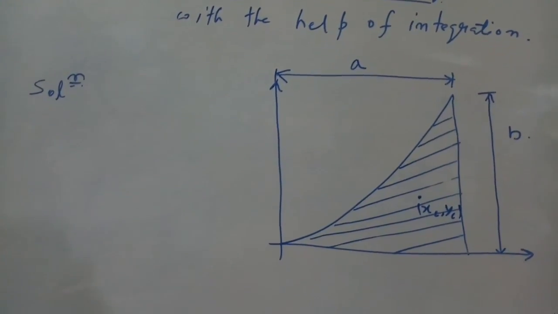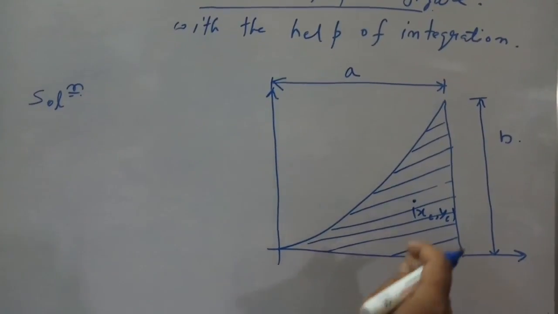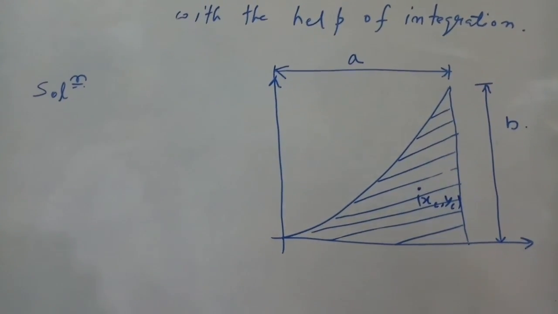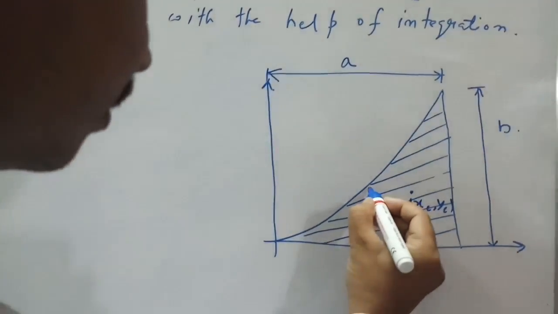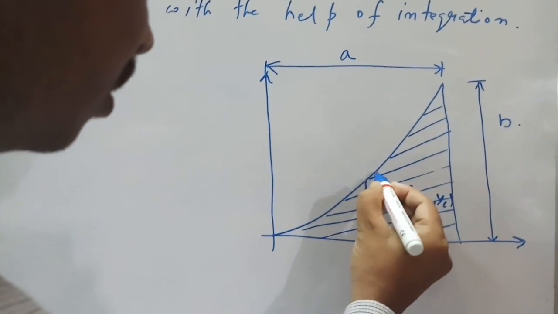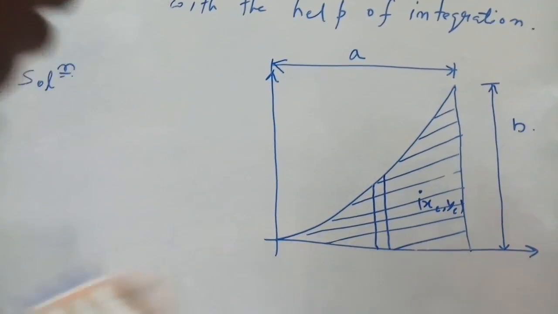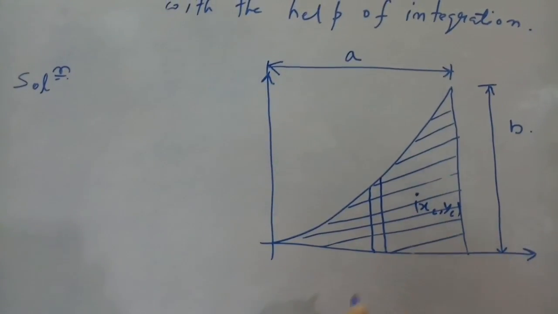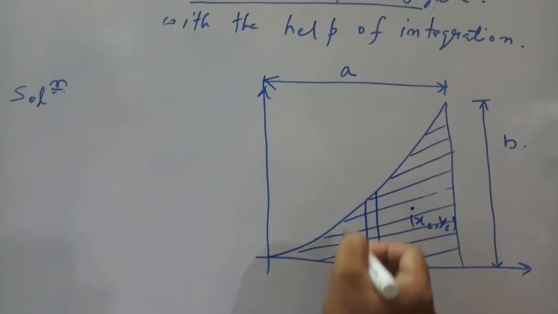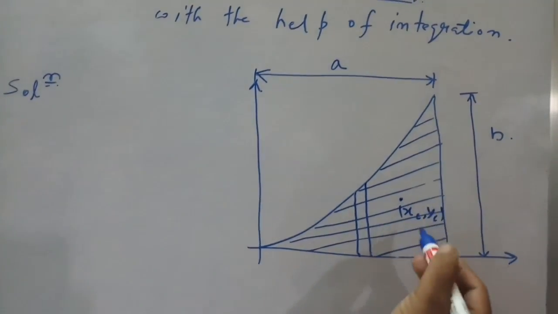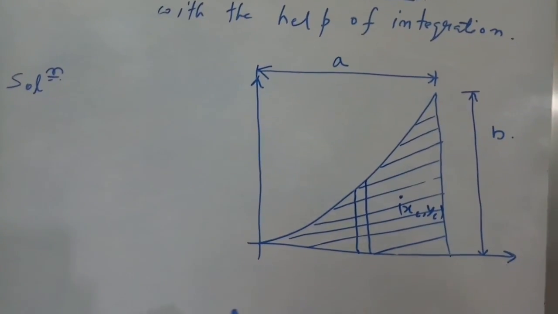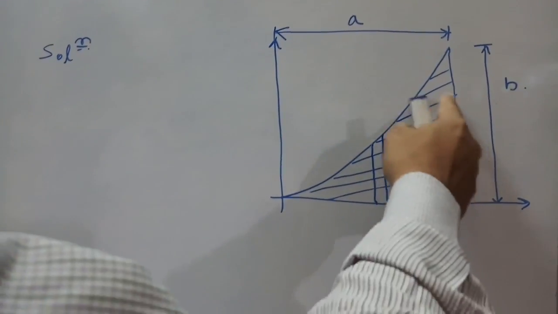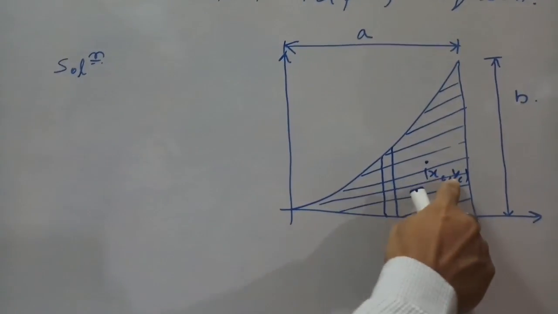Now for finding the centroid of this original figure, we will first draw a strip vertically, this strip. With the help of this strip, we will find the centroid of the original figure, xc, yc.